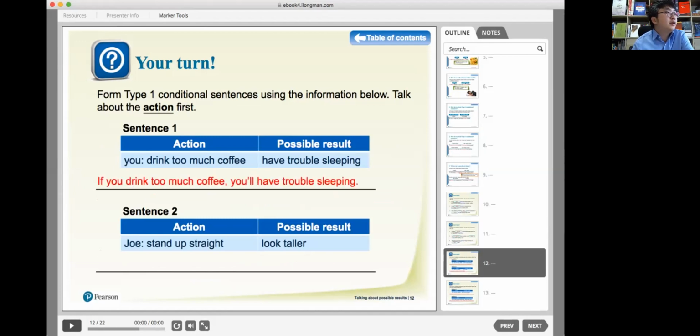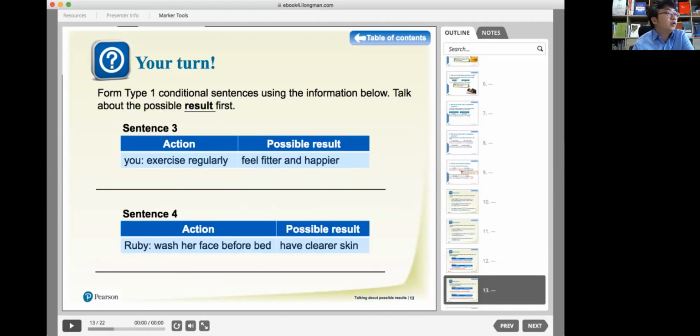I'll skip this slide. Okay. If you drink too much coffee, you will have trouble sleeping. You just link these two parts of the sentences together. If Joe stands up straight, you look taller. Okay, but we'll have a look at this one.